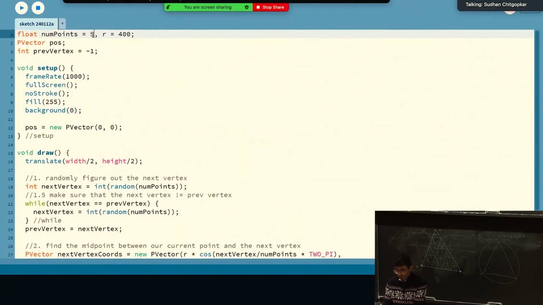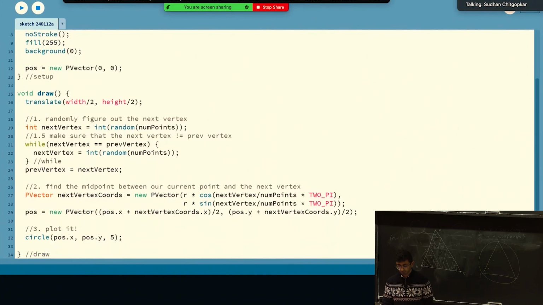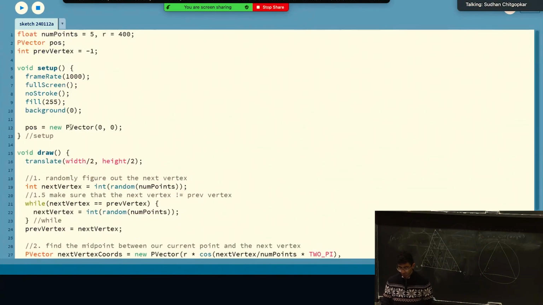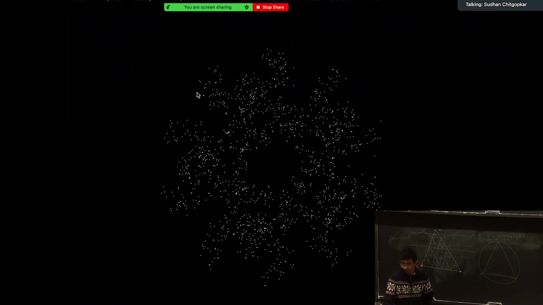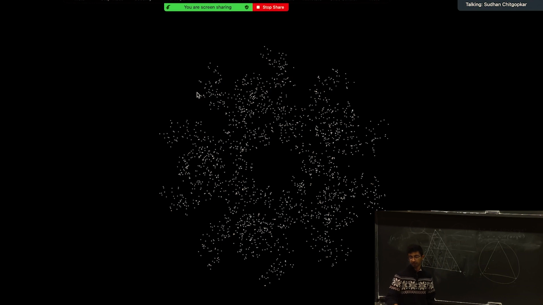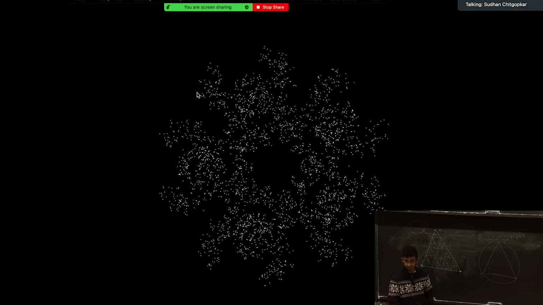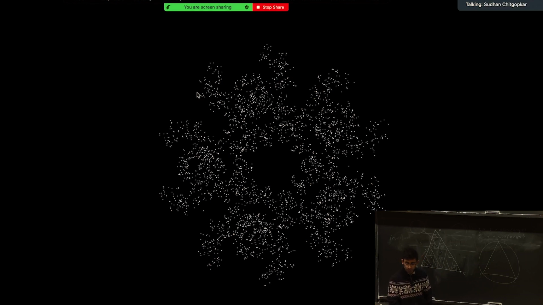Let's go ahead and change num points to 5, and let's repeat this process with a pentagon. Now, I already know this one's going to look very pretty, so I'm willing to wait a little bit more to get a nice, pretty picture out of it. So let's go ahead and run that, and we get an even more intricate snowflake. Right, and these snowflakes look surprisingly close to snowflakes in nature.